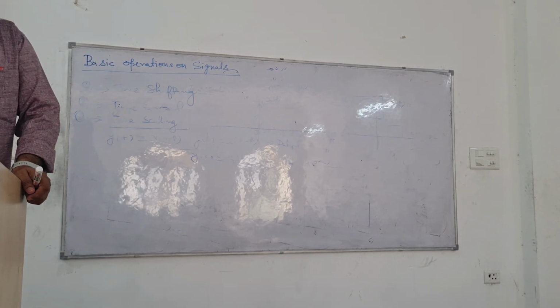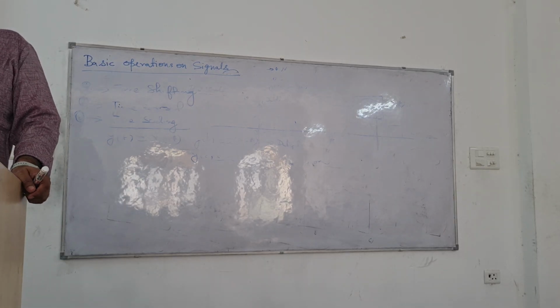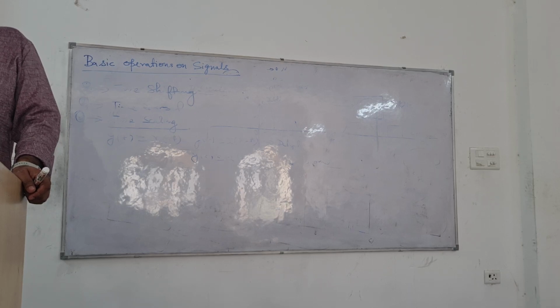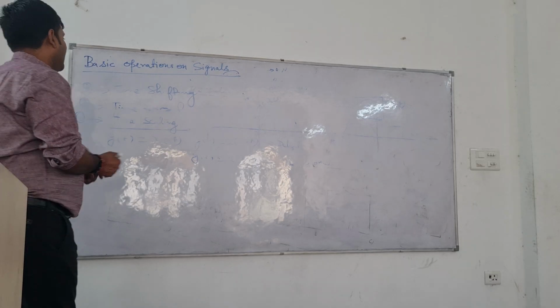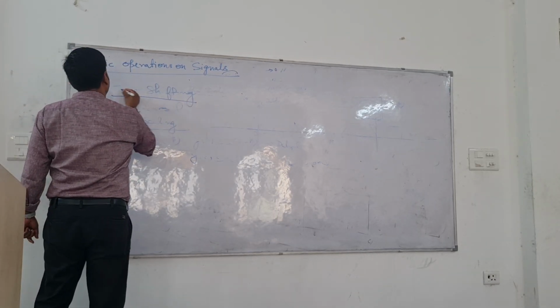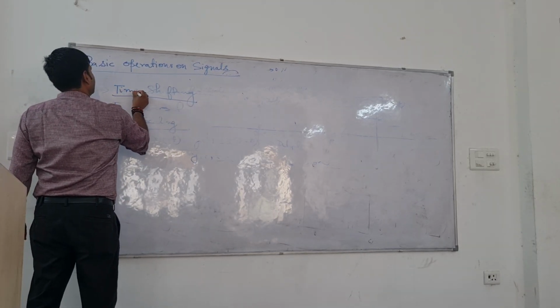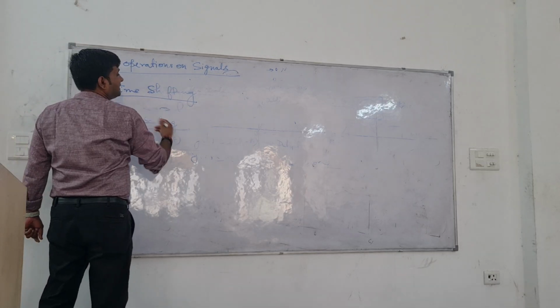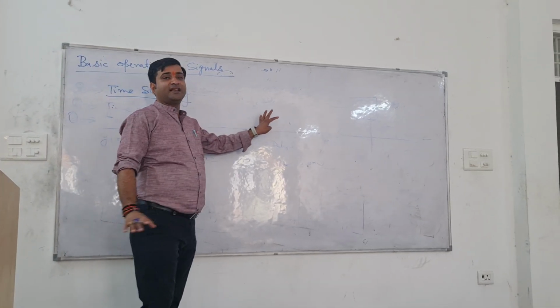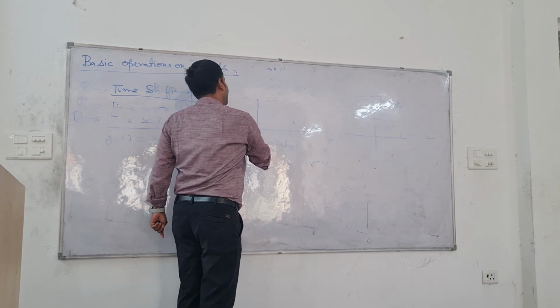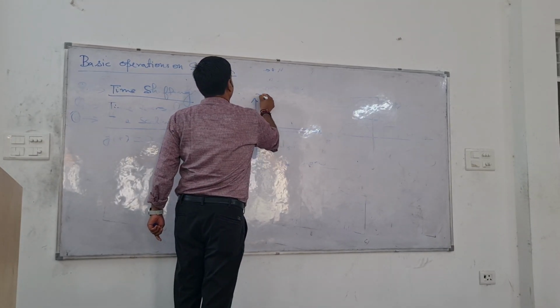In these basic operations, you have operations on continuous time signals. These basic operations I have discussed in the previous lecture. Time shifting. Time shifting I have discussed in the previous lecture. You have taken any input signal x(t).